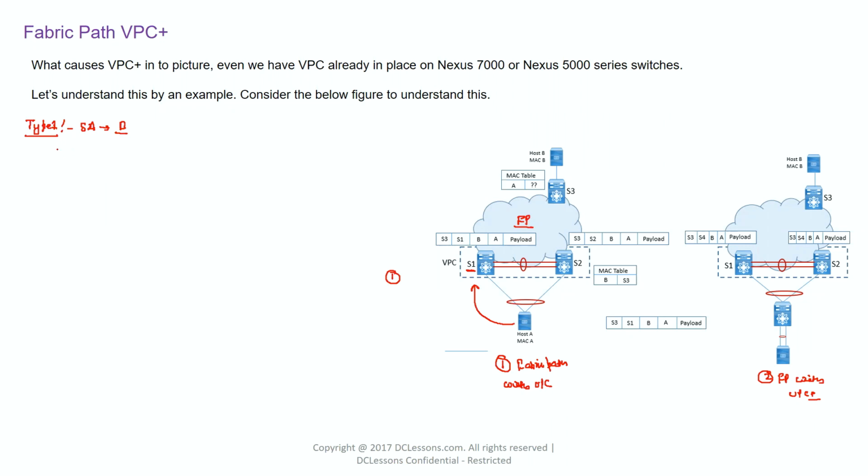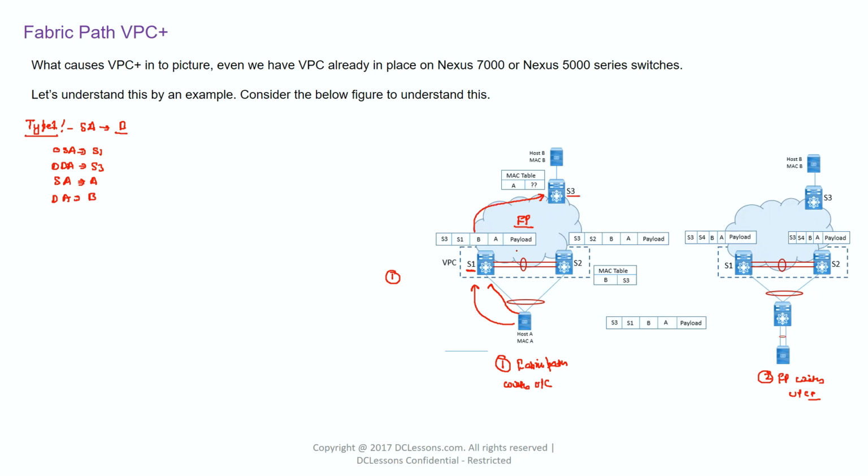My outer source ID will be switch 1, and the outer destination address will be switch 3, because the packet has taken this path. My original source address will be MAC A and destination address will be MAC B. Once the packet is encapsulated, it will be forwarded to switch 3.